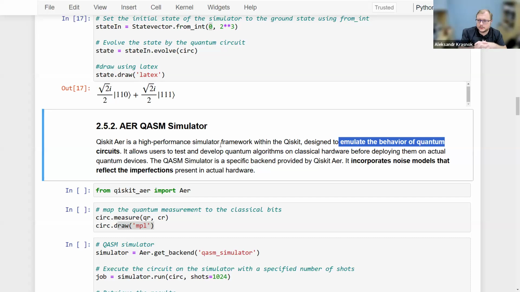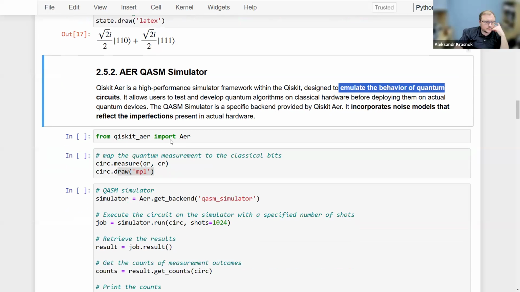Typically, it is something around 30, maybe, for a good desktop computer, 50 for a supercomputer, and this type of simulator is not applicable to a system with, let's say, 100 qubits, because the system becomes so complex, and you will need to use another type of simulator.